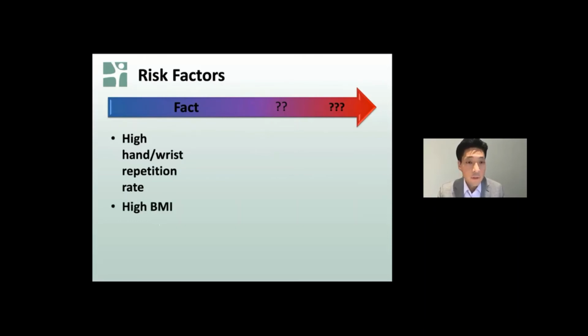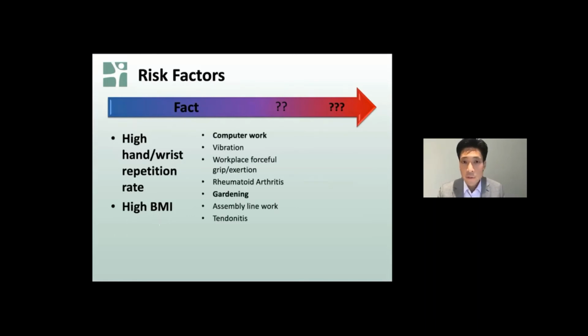I think if you have a high BMI, that's also a known risk factor. And then there are all these things that correlate. So computer work, any constant vibration can affect this. Any workplace forceful gripping. So if you're a carpenter, if you're doing something that puts a lot of grip force on that carpal tunnel, that can be a problem.